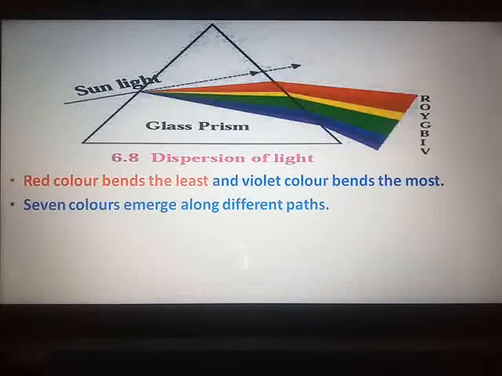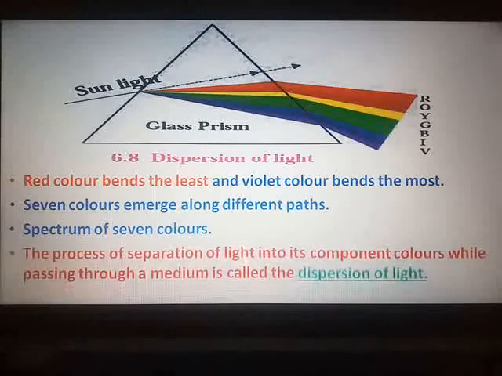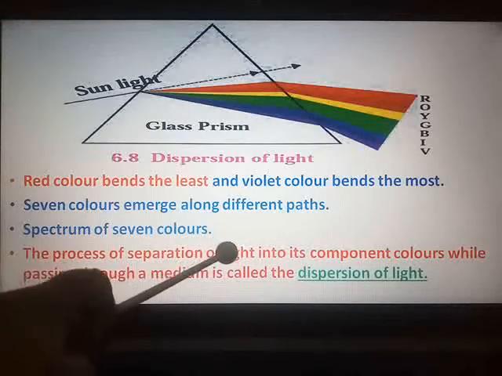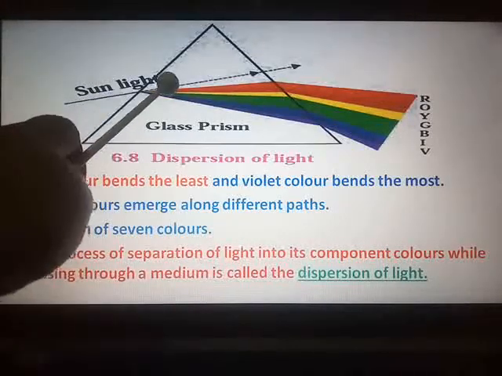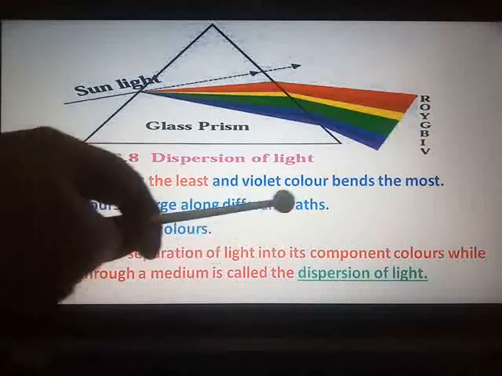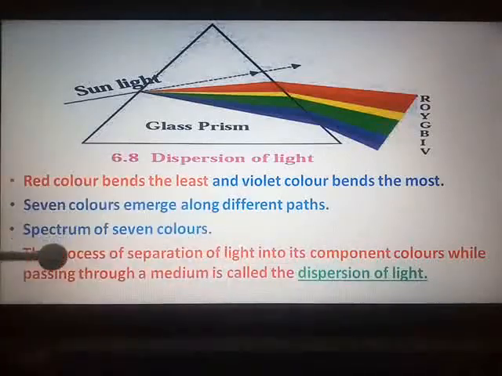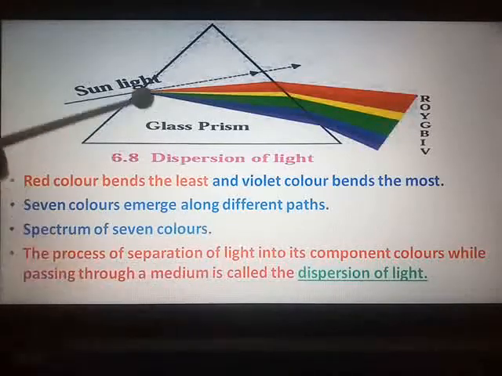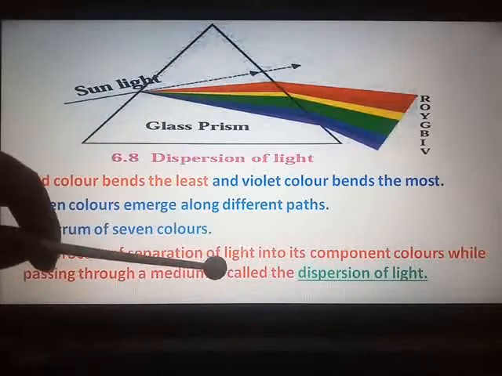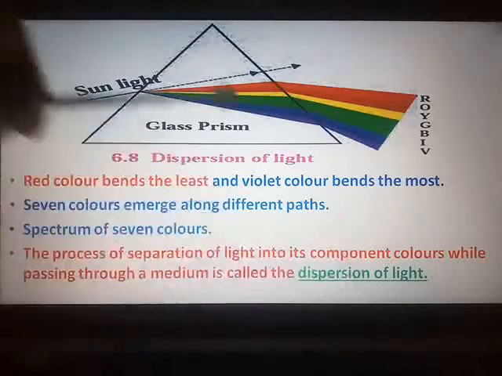These 7 colors which are obtained on dispersion are called a spectrum. And what is the definition for dispersion of light? The process of separation of sunlight into its component colors while passing through a medium, here the medium is a glass slab, is called dispersion of light.